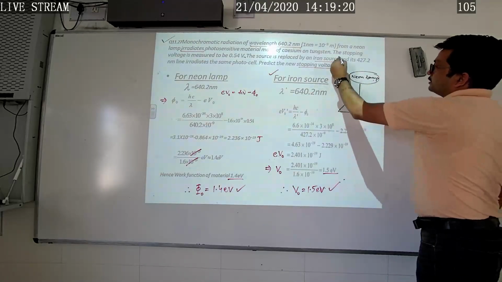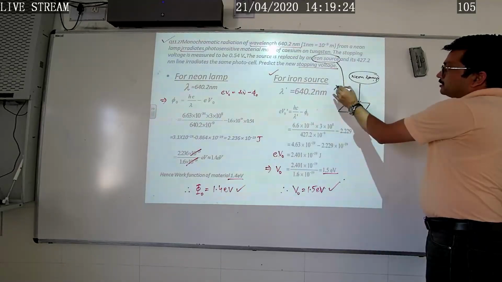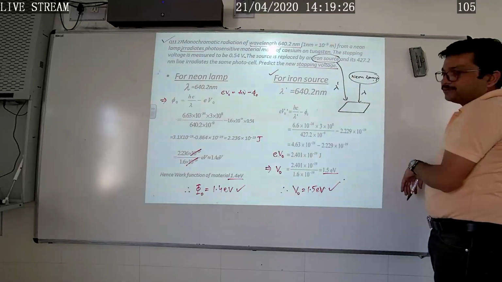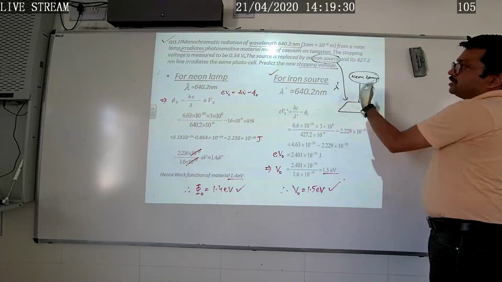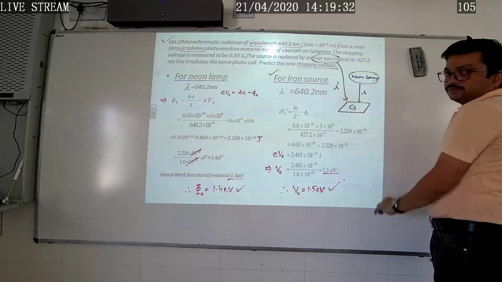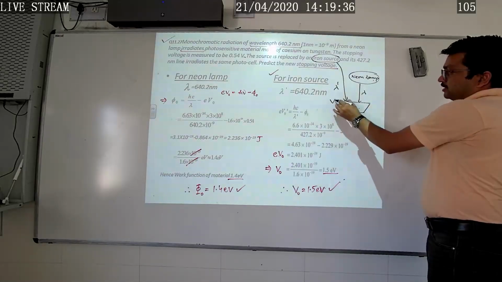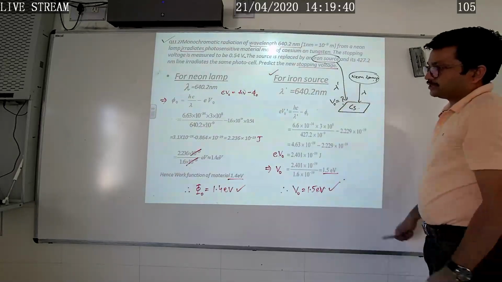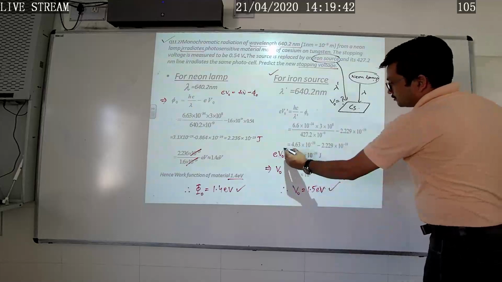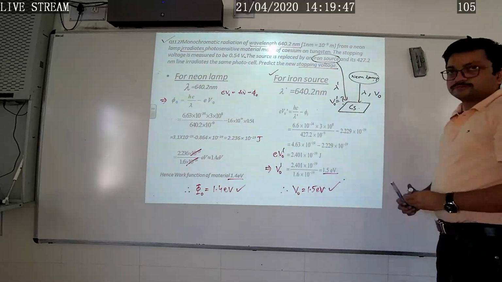Now in the second case, the iron source is placed there, and the radiation of wavelength lambda dash, where the earlier wavelength was lambda, radiates the same photocell made of the same material. We have to find the new stopping potential, that is, V naught dash. In the first case the stopping potential V naught was already given to us.